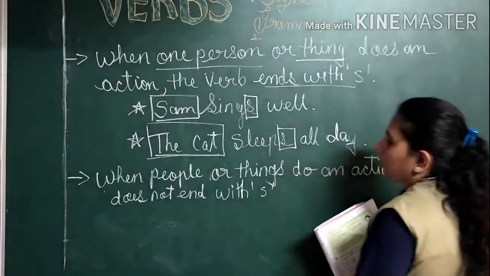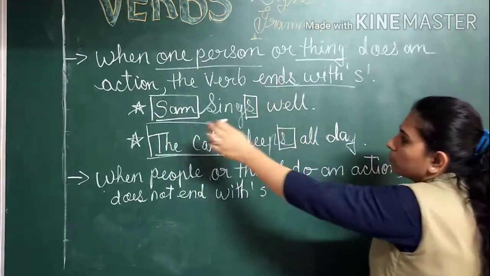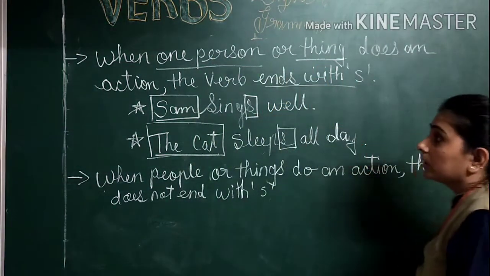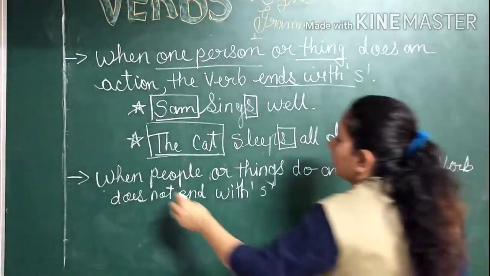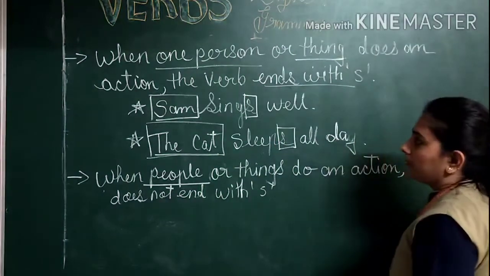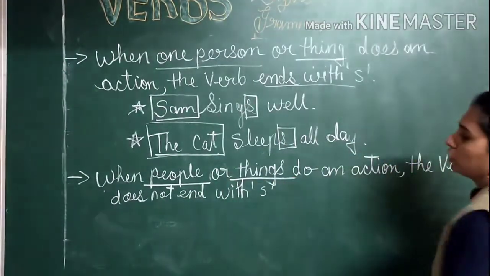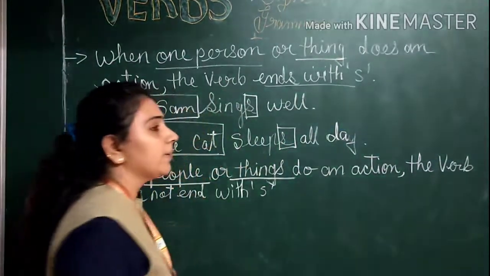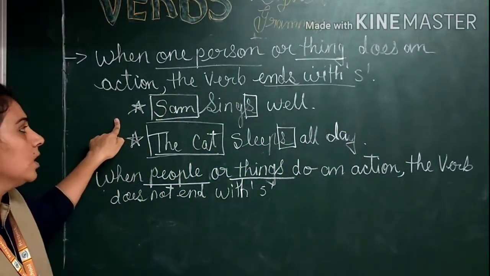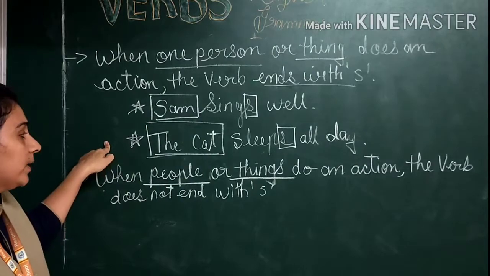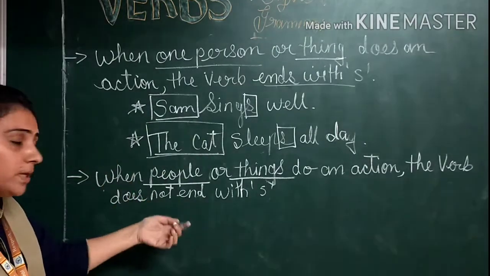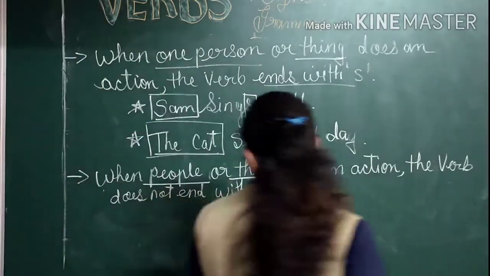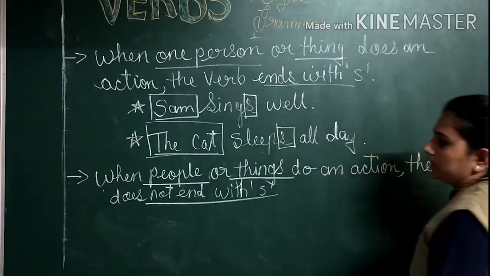Means here what they have said, here the matter was both the cases, just see. Here they have talked about a singular thing, one thing, and here they have said for people, means more than a person, and things means more than one thing. Both the cases, when we are talking about one thing or one person, we are using s with it. But when we are talking about more than a person and more than one thing, we are not using s with it. So it does not end with s.